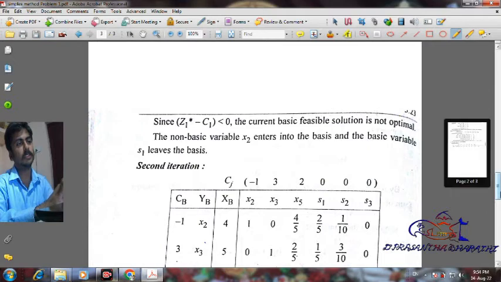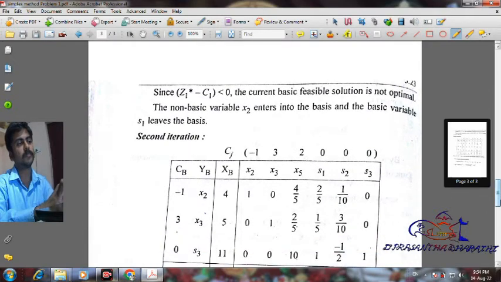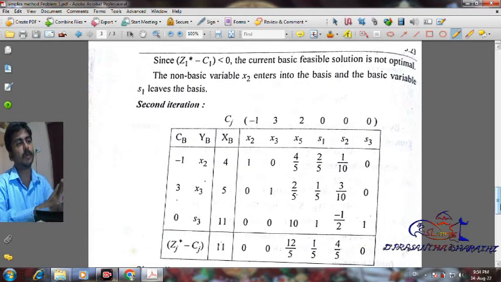4, 1, 0, 4 by 5, 2 by 5, 1 by 10, 0. And the second equation, I'm calculating using the formula. This is our new equation. So new equation is equal to old equation minus new equation into the corresponding pivot column element.